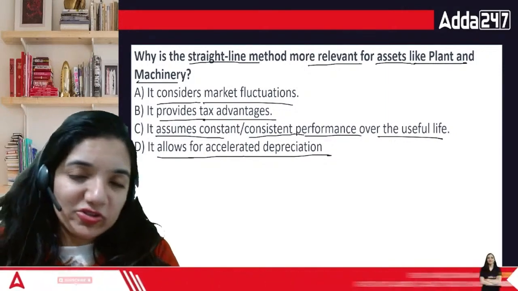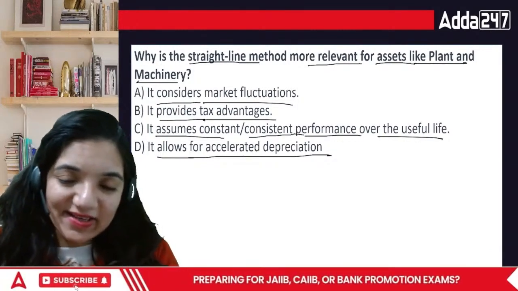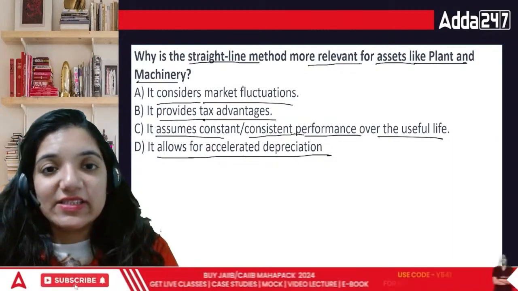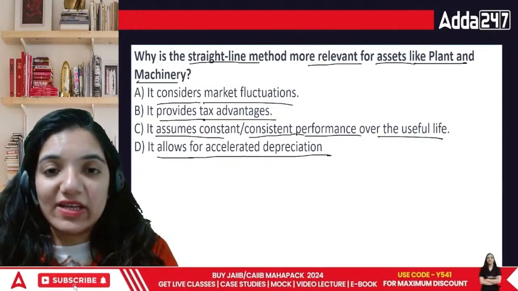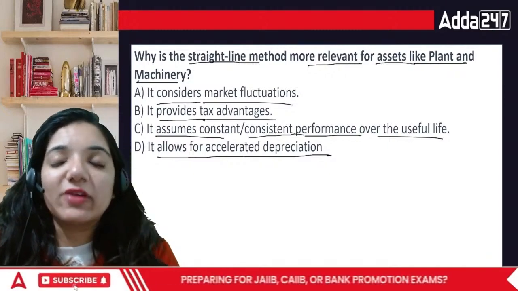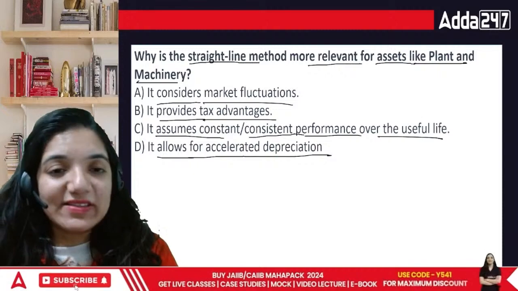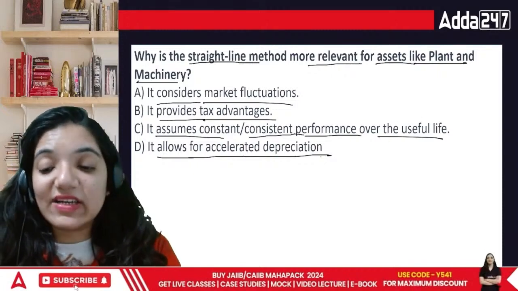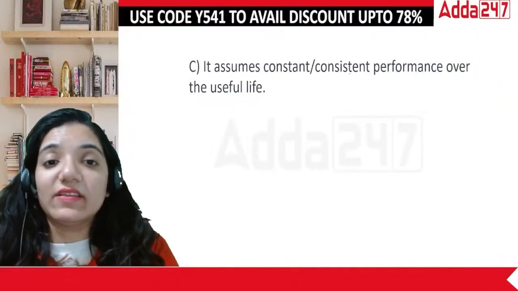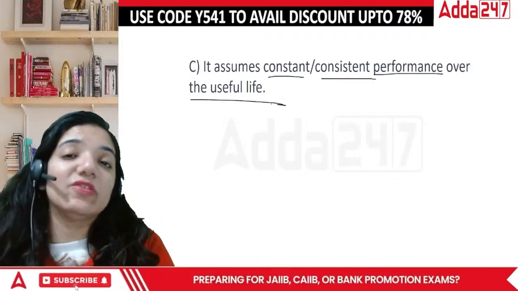Rest other methods are not used. This is an easier method. One of the easiest methods is SLM or straight line method. Okay, so why is this more utilized in this case? Basically it says that if we talk about our business, we will assume that throughout the life we are going at the same pace. So in this case it is assumed that the constant or consistent performance is there over the useful life.